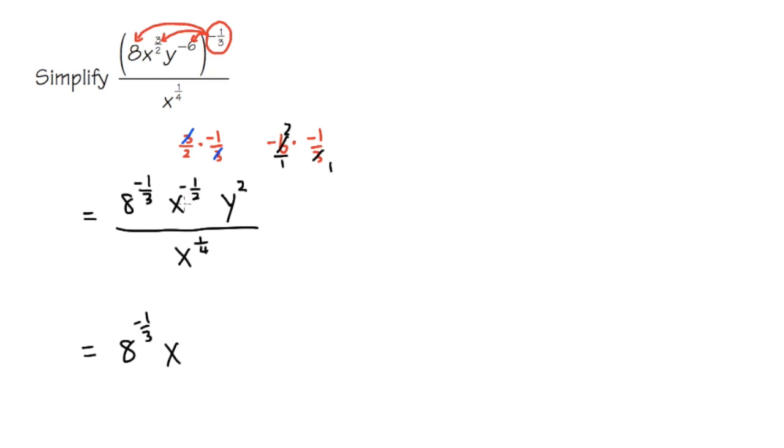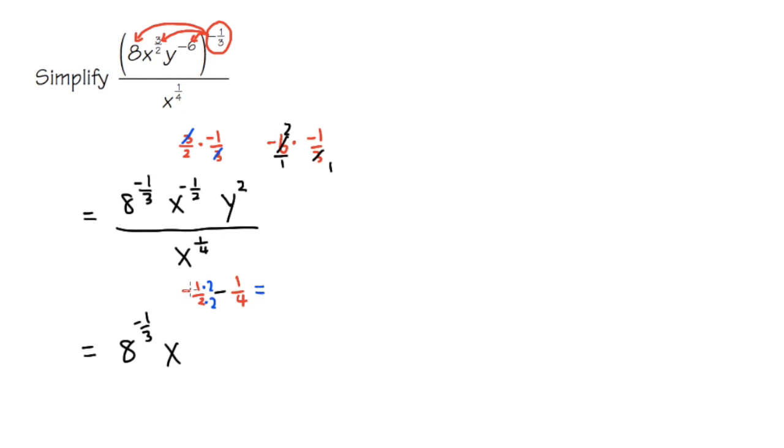We take the top exponent, in this case negative 1/2, and then we subtract the bottom exponent, which is positive 1/4. And in this case, what do we do when we are trying to subtract fractions? Well, we need a common denominator. The common denominator in this case will be 4. So for this one, I need to multiply by 2 on the bottom and on the top.